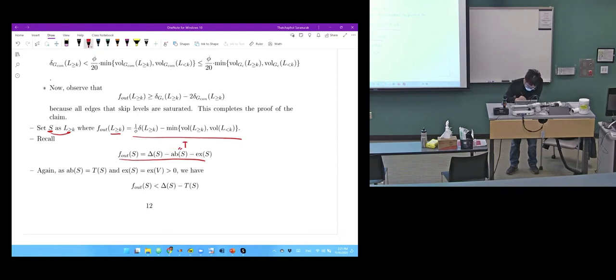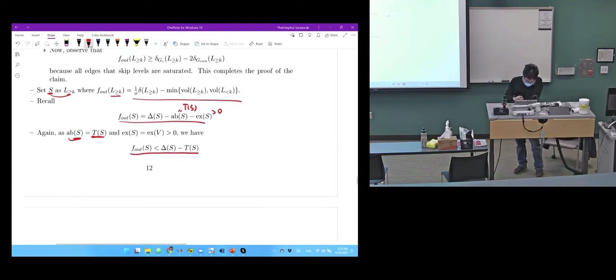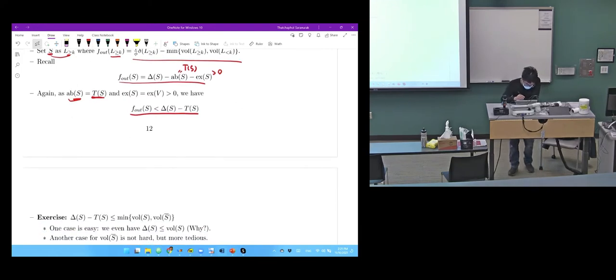This thing is the same reasoning. The total absorbed flow inside S, S is fully absorbed, so the absorb of S is the sink of S. And this thing is more than 0 too. So you would have this. Okay. But this thing is going to be less than the volume of the other side. So why is that the case?